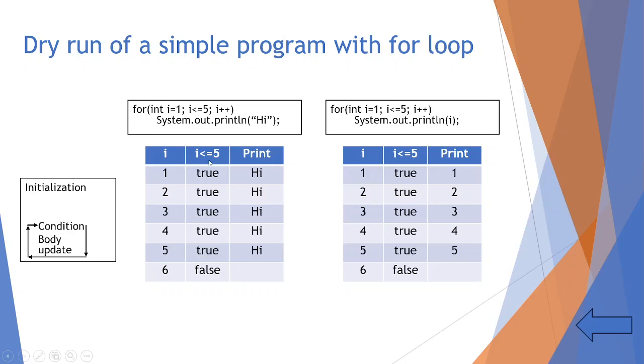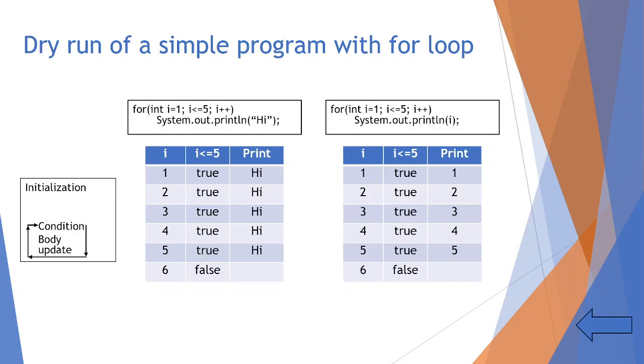Now I became 2. Is 2 less than or equal to 5? True. Hi printed. 3, true, printed. 4, true, printed. 5, true, printed. 6, false, comes out of the loop. Similarly, in the second one, 1, 2, 3, 4, 5, 6 times.